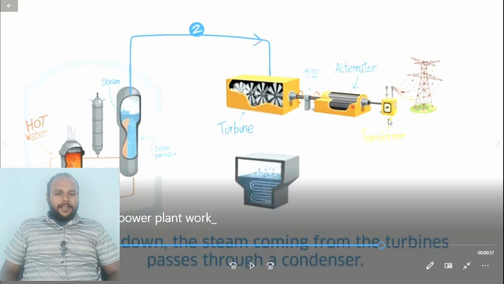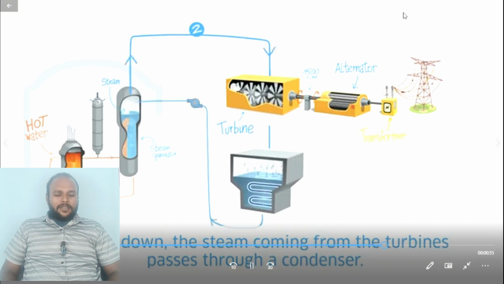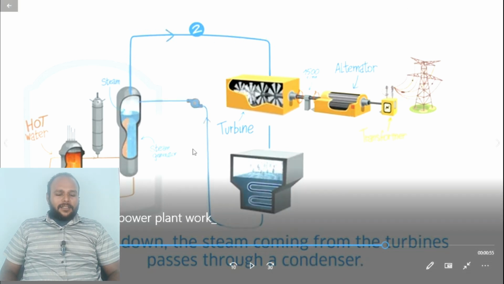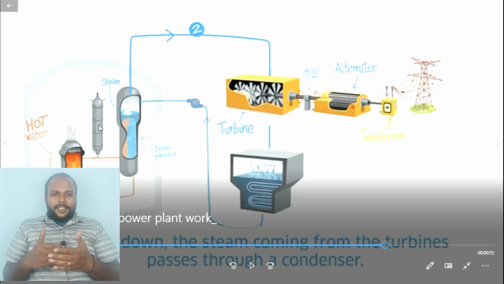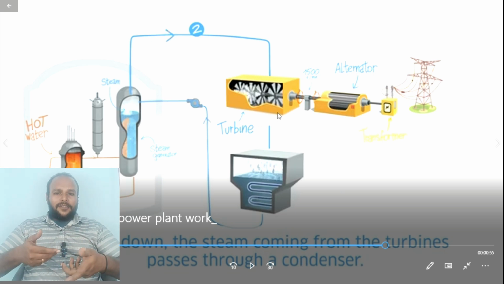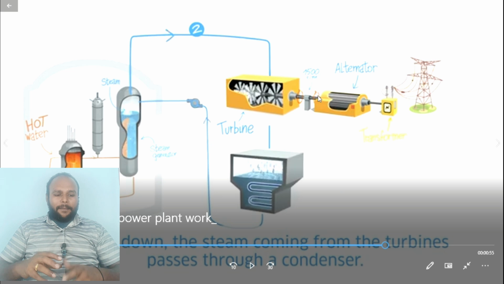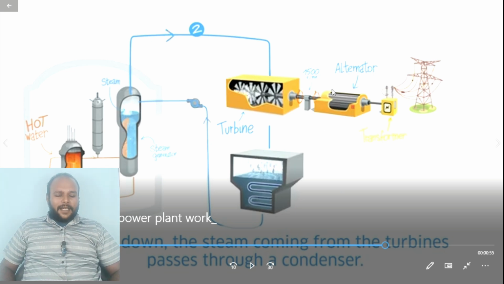When the steam hits the turbine blades, the turbine starts running, and the shaft is connected to the alternator, so the alternator also runs. We know the alternator is an AC generator, and from it AC electrical energy is generated. Because the turbine shaft and alternator are coupled, when the turbine runs, the alternator also runs. Due to this, the three-phase AC supply is generated and transferred onward.